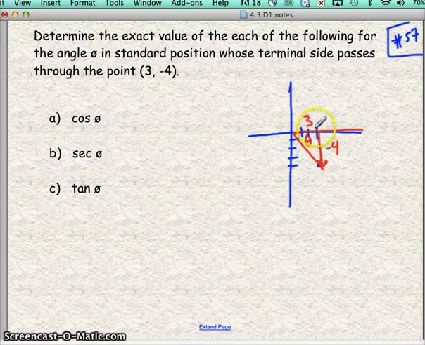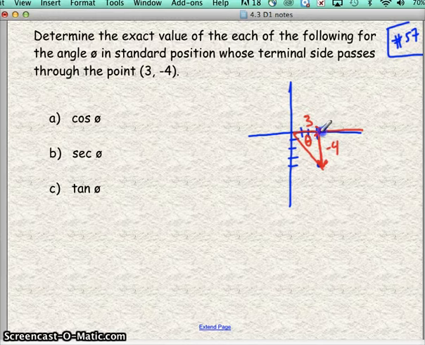So it's a +3 because you're going to the right, and then a -4 because it's going down. Anytime a side points down, it should be negative, or if a side pointed to the left, it should be negative. And we're going to find theta.